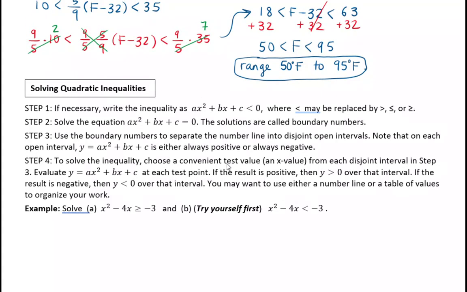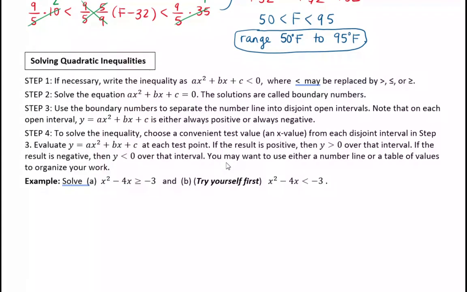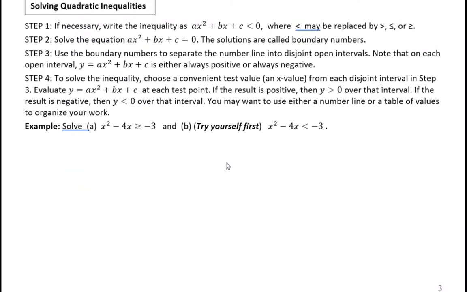So we now come to the last part. When you have a quadratic inequality, I try to use the simple ones, but in these problems, I put the steps in here.